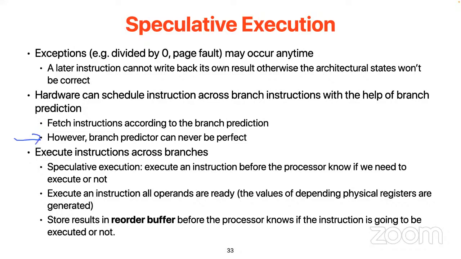So if we have to execute instructions across the branch, we need something called a reorder buffer that allows us to temporarily store the outcome of the instructions after an undetermined branch, so that if we find that the branch was mispredicted, we are still able to recover the results from the reorder buffer. So that's the basic idea.